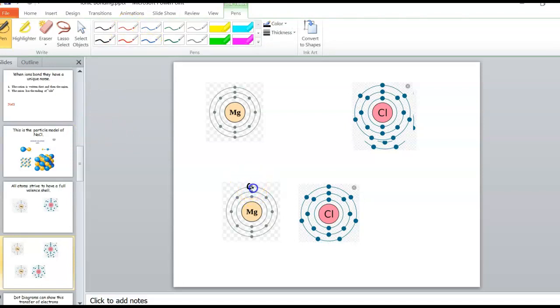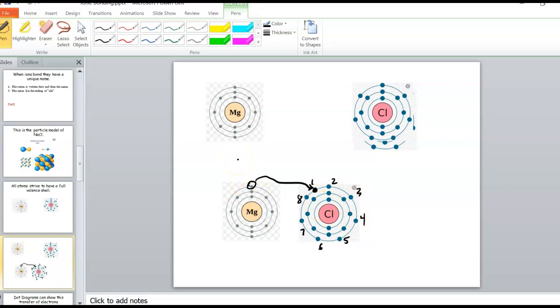If this electron right here can transfer over to this chlorine, does the chlorine now have 8 valence electrons? It has 1, 2, 3, 4, 5, 6, 7, and 8. So that means this chlorine has reached nirvana.